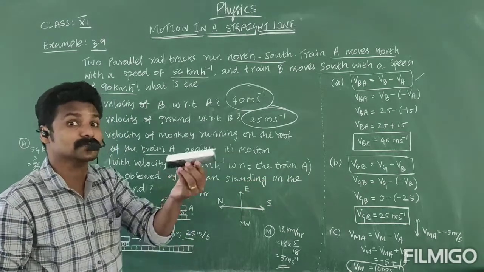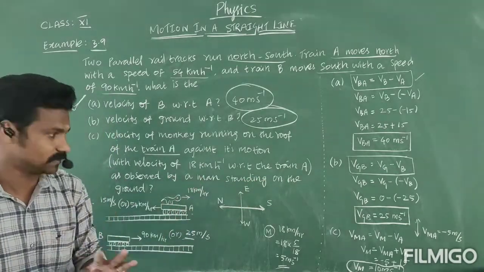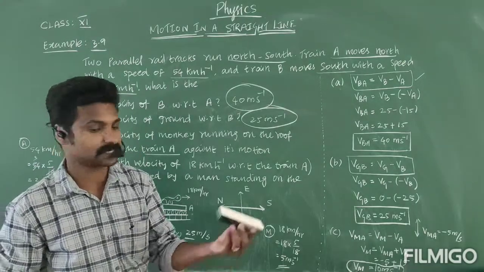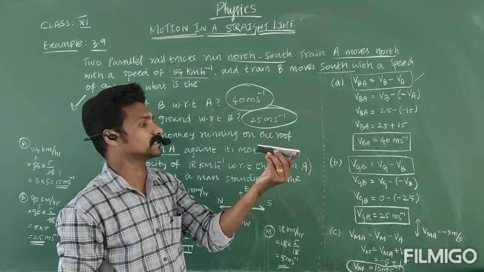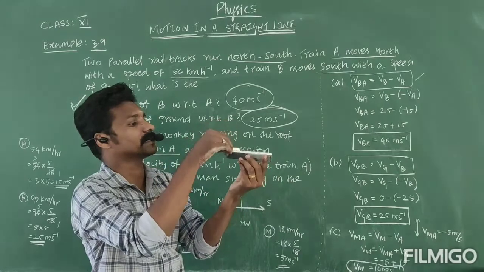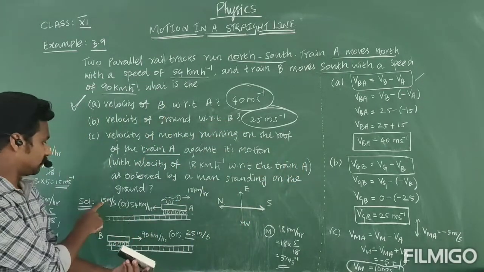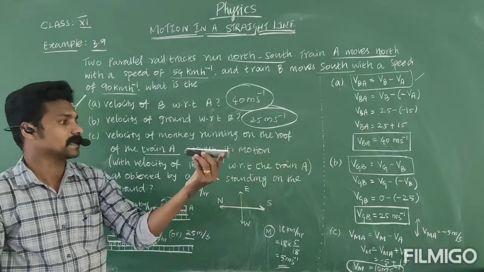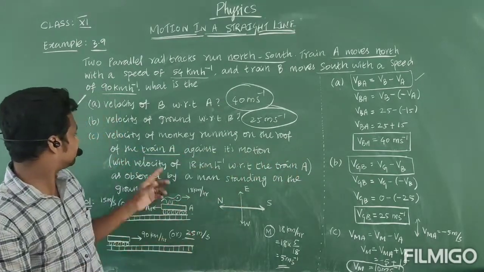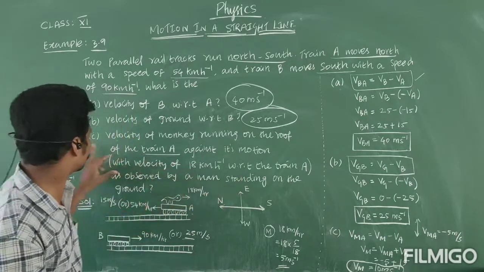Okay, in this situation, see that it is a train moving this direction. Now it is a monkey. You know the train A speed is 15 meter per second, but the monkey speed is given. See that, we read the question fully.